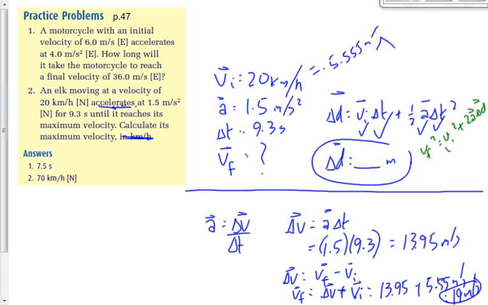We knew VI right from the top. We knew VF? No, we didn't. We were looking for that. We knew A right off the top. We didn't know D right off the top, but Lewis found it for us. So we could have turned around and used that equation. I just chose to use this one because I think it was a little bit simpler, but it's no better. It would have got you the same answer. They're all valid equations. If they get you an answer, it's got to be the right answer.